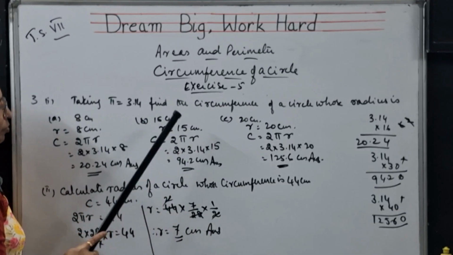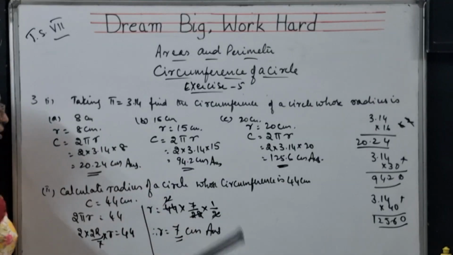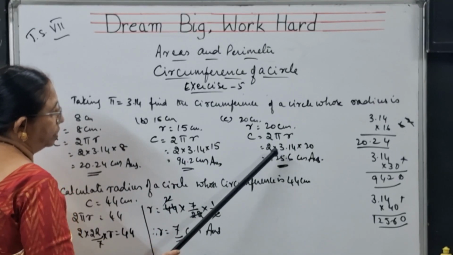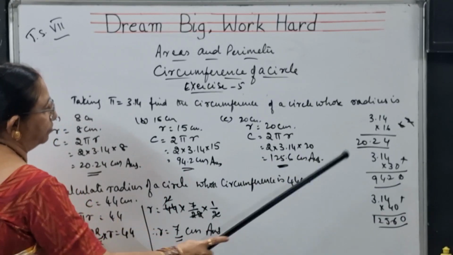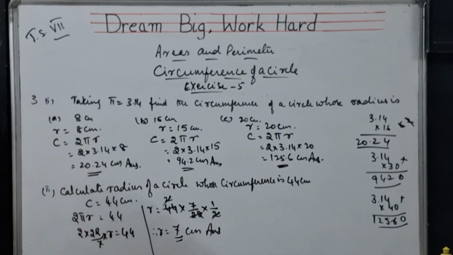So circumference 2 pi r, 2 into 3.14 into 15, that is 15 twos are 30, 30 into 3.14, 94.2 centimeters. And the third bit, 20 centimeters is radius, C is 2 pi r, 2 into 3.14 into 20, 2 twos are 40, 40 into 3.14 is 125.6 centimeters.